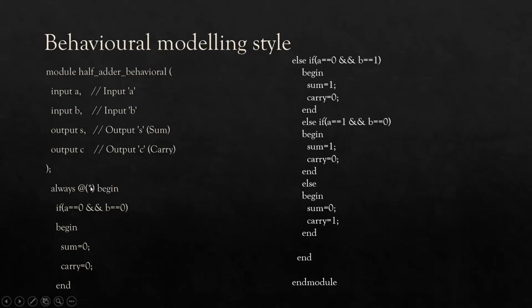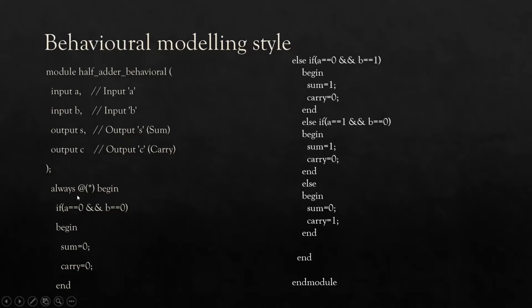Star means whenever there is any change in the input. For example, initially at 0 nanoseconds A is 1, B is 0. After 10 nanoseconds, I'm giving A is 0, B is 1. You can see your A value and B value have changed, which means the always block is triggered and it will go inside the always block.